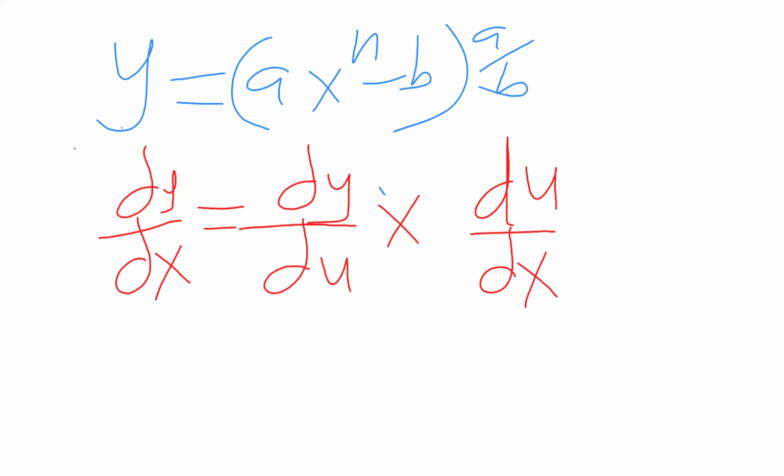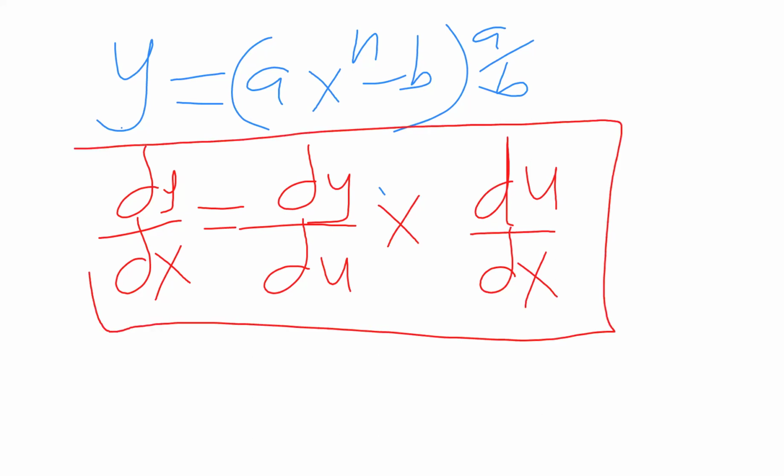This is what it states. So I am saying this is what the chain rule states: dy over dx is equal to dy over du times du over dx. Is that clear? It's just a formula. You will understand the formula.